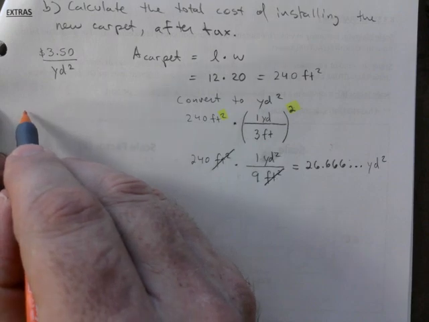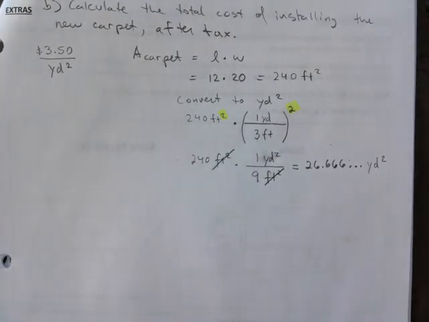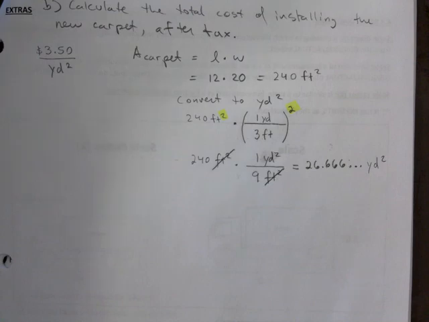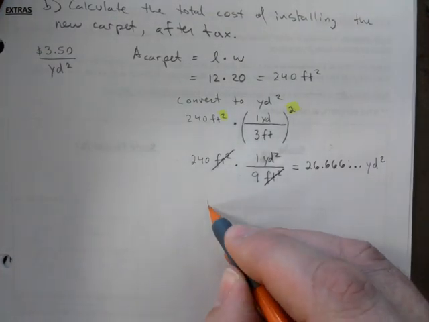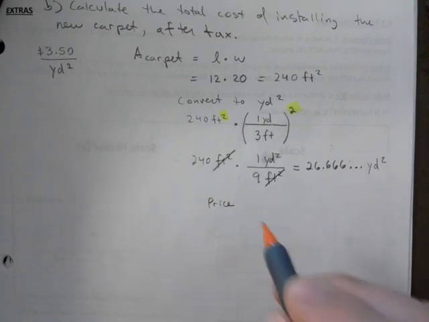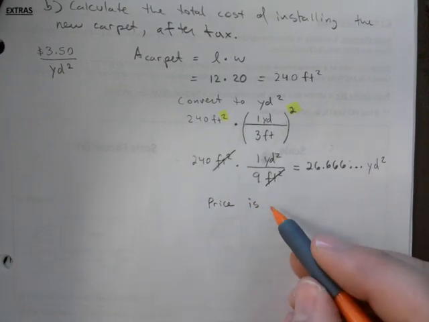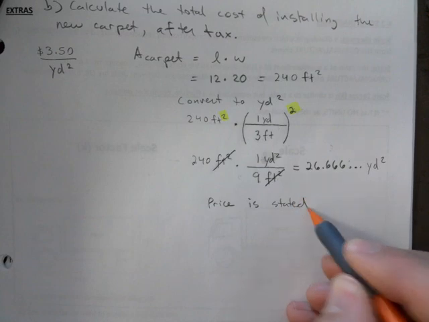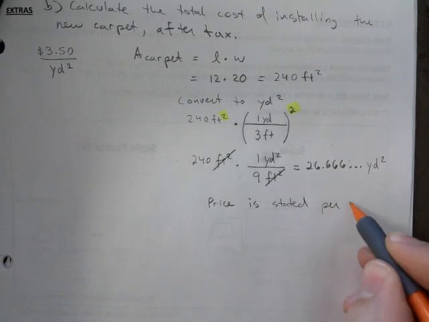Okay. Question. Did it tell us that this comes in rolls? It did not tell us that. Per squared yards, though. It does tell us that, right? So price is stated per squared yard.